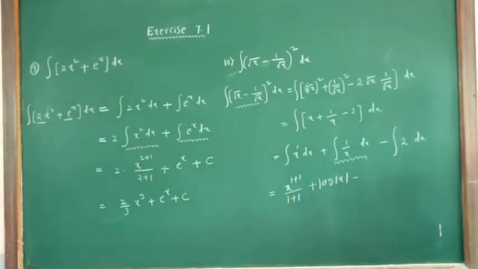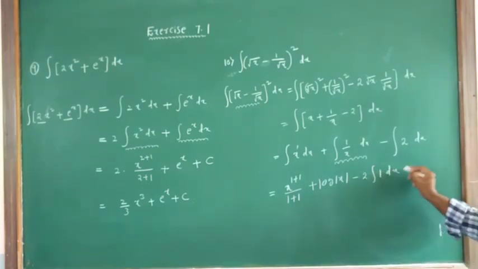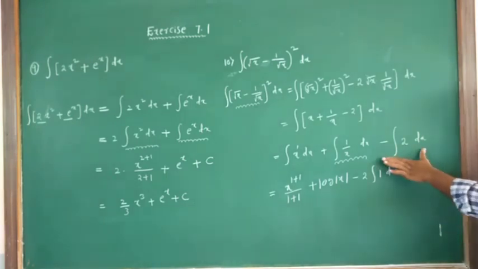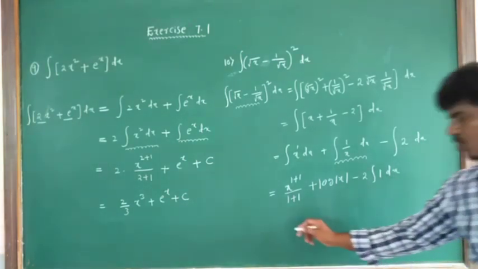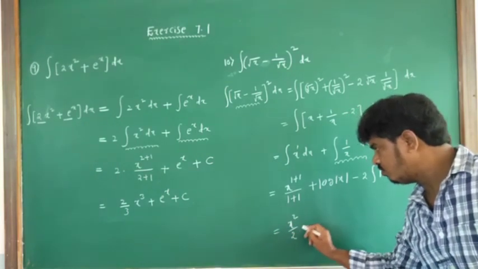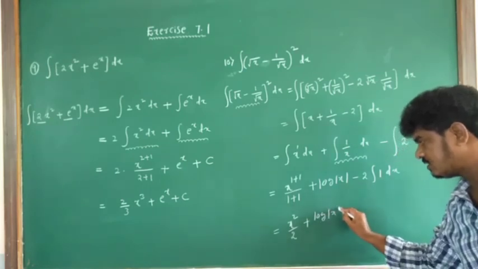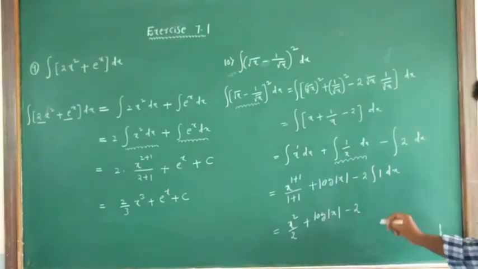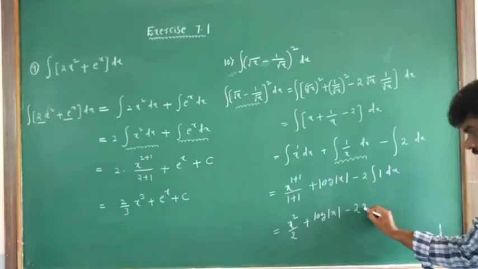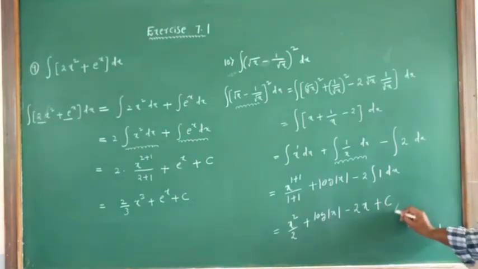Minus, just take this 2 outside, 2 into the integral of 1 dx. Otherwise the integral of 2 dx we can take as 2x. Okay, what comes? X square divided by 2 plus log mod x minus 2 into the integral of 1, that is x, plus c. It is the answer.